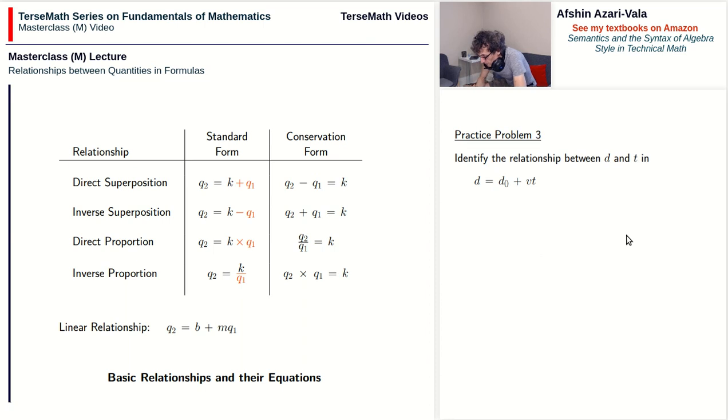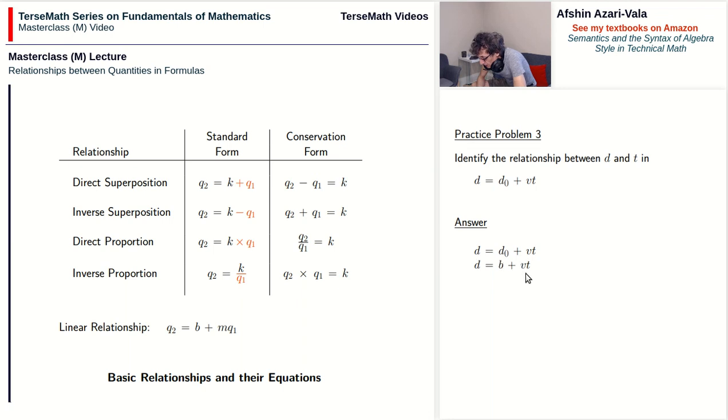Problem number 3. Identify the relationship between d and t in d equals d0 plus vt. You should actually pause the video and try this one yourself before you look at the solution. For the solution, we turn the term that doesn't have t in it into a constant.